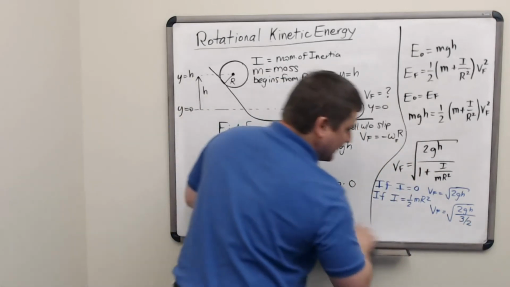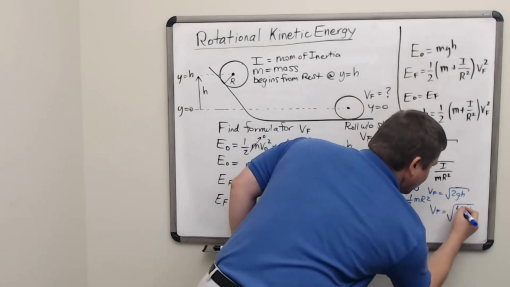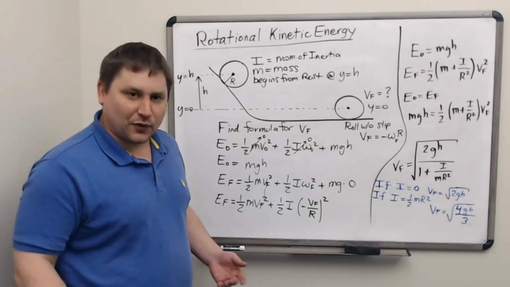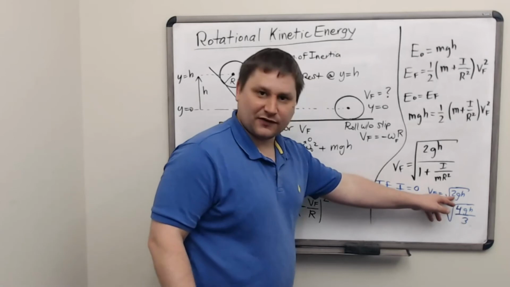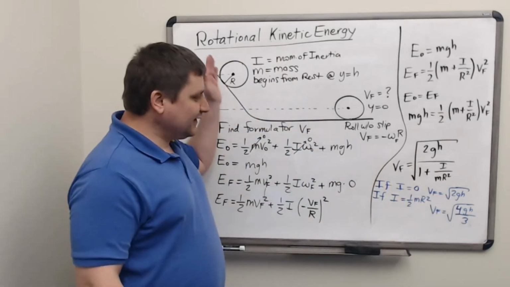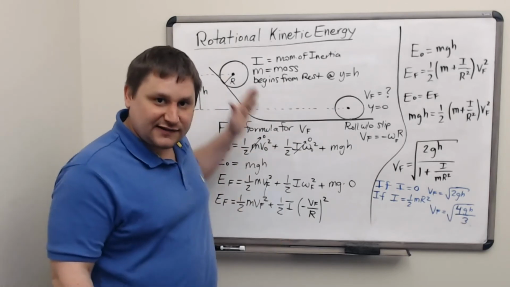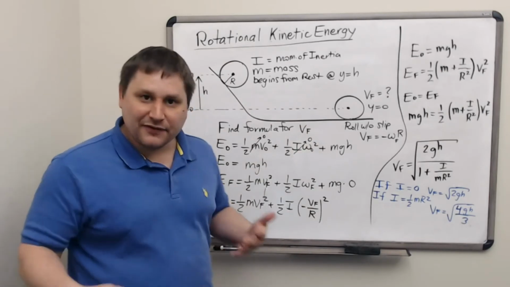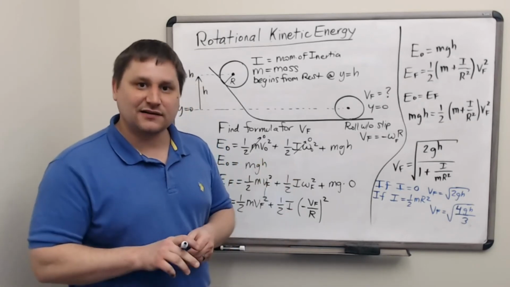We can simplify that a little bit to be 2 times 2 in the numerator, so 4/3. 4/3 is less than 2. We've got a 2 here for sliding and a 4/3 for rolling. So a cylinder rolling down this hill actually ends up going slower than an object that just slides. And that can be understood easily by some of that initial potential energy being taken up by rotation instead of just sliding motion.